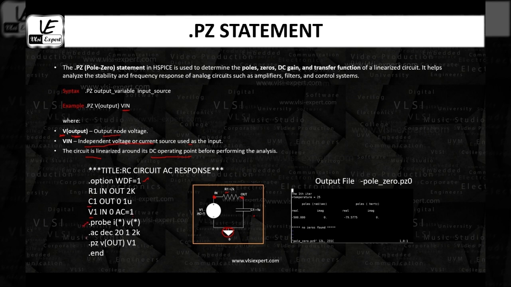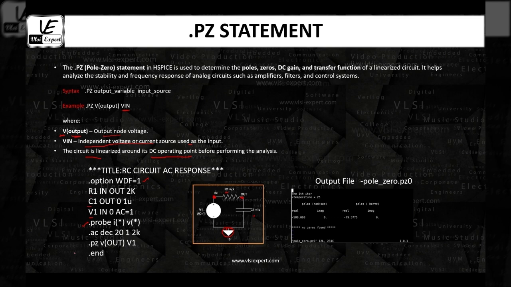Then we want the simulator to probe and draw the waveform for currents and voltages, and the star basically means find the current waveform and voltage for all the nodes. Then we have the .ac analysis: dec means decade, 20 points starting from 1 hertz to 2 kilohertz.